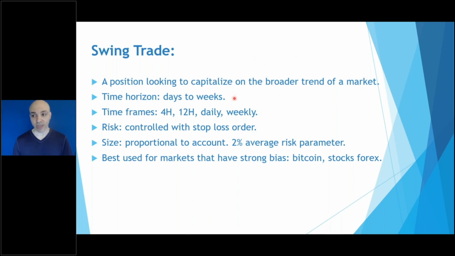Your time horizon is basically days to weeks, right? And the time frames that you should be looking at on your chart are basically 4-hour, 12-hour, daily, or weekly. No smaller than that, because the smaller you go, the more noise you're going to have to deal with. When I talk about 4-hour, 12-hour, daily, weekly, we're talking about markets that are open all day.